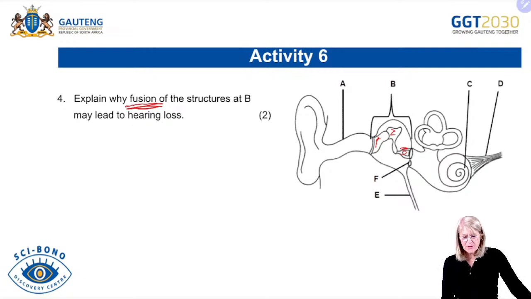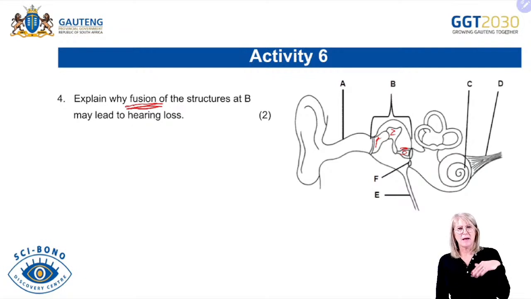Remember we said their function is to transmit sound waves as vibrations. So if they fuse together, so if we now have them all joined as one structure, then they are not going to be able to vibrate properly against each other and then transmit that vibration across to the inner ear.